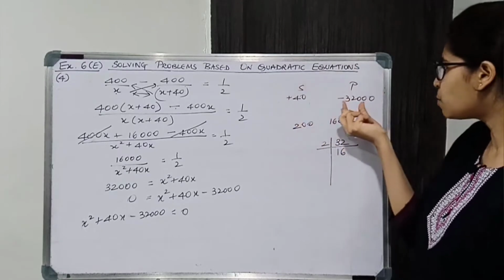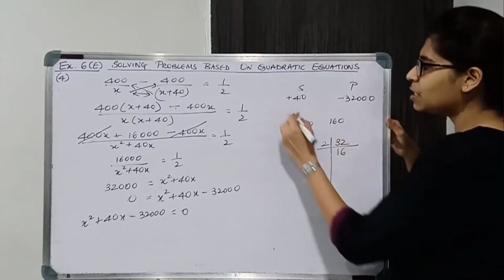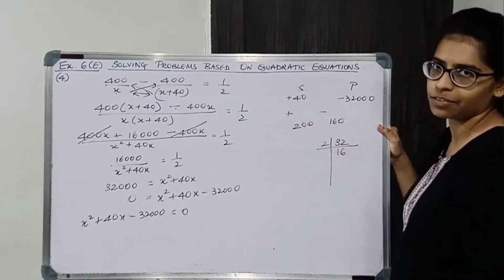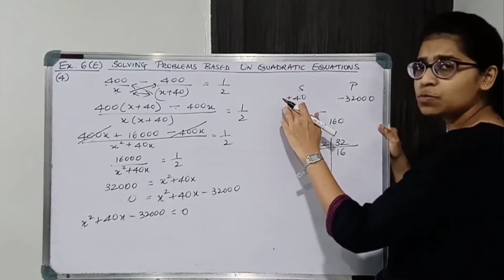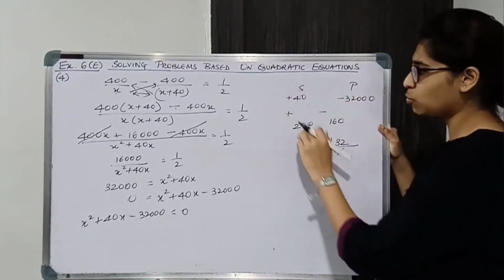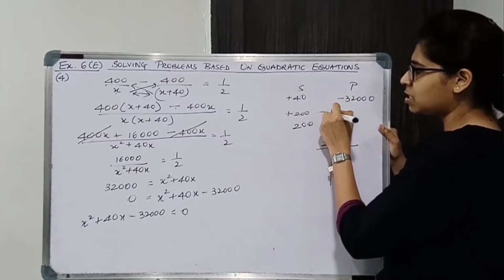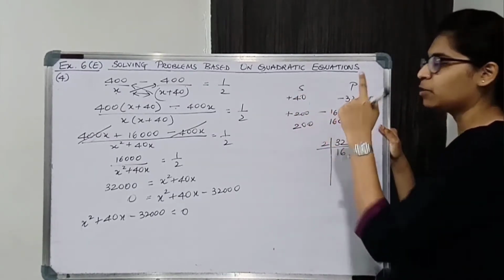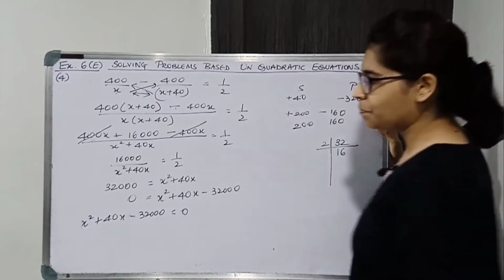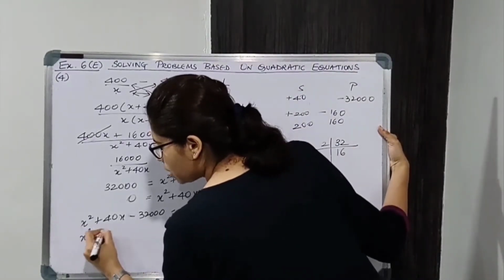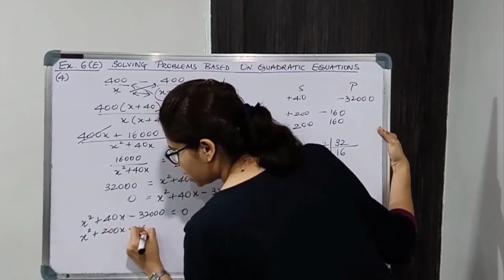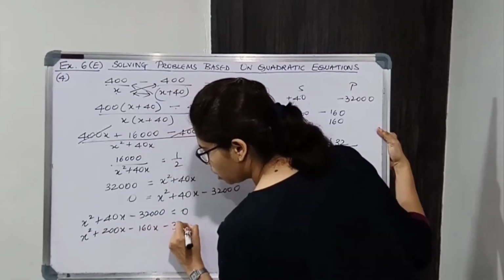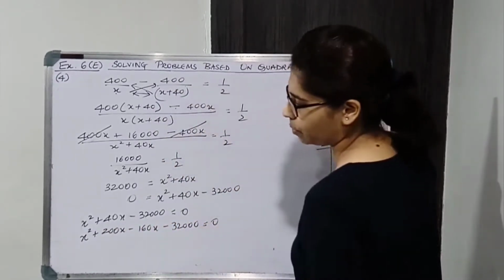Why I am taking difference? Product negative है. Product negative, it means एक factor positive है, एक factor negative है. Okay. Sum is positive, it means greater factor positive है. So 200 is positive, 160 is negative. So if you subtract, you will get plus 40, and if you multiply, you will get minus 32,000. So x square plus 200x minus 160x minus 32,000 is equal to 0.